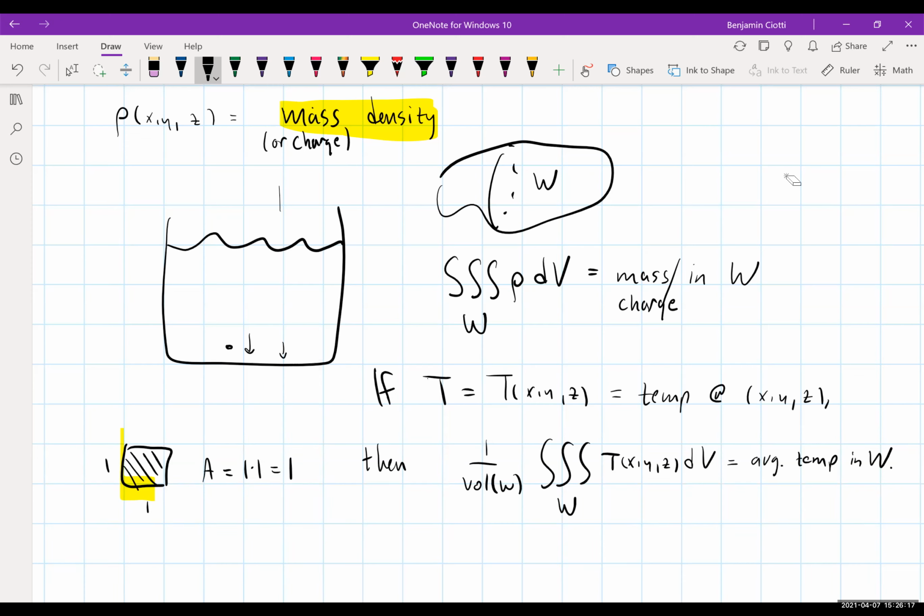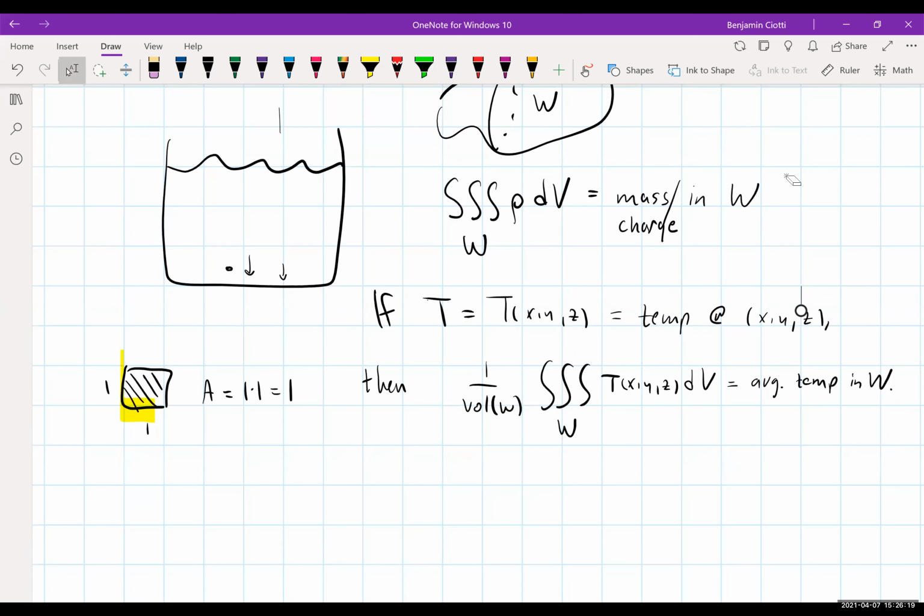That makes sense. But what if instead of a square, you had something with a whole bunch of holes in it? Let's say you took out a bunch of little subsquares, and then you looked at the space between them.